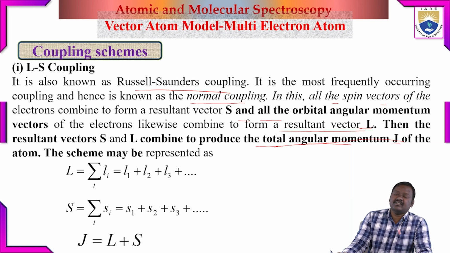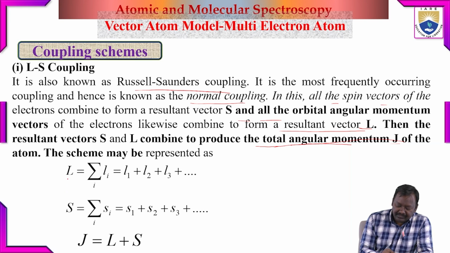So the total resultant angular momentum could be obtained by adding the total spin angular momentum and the orbital angular momentum.